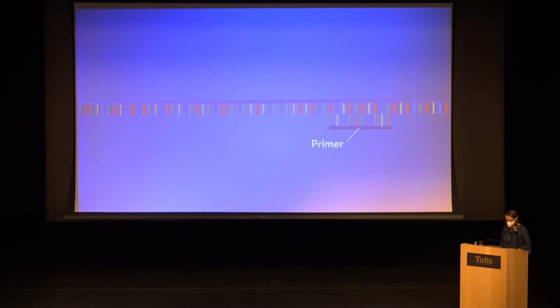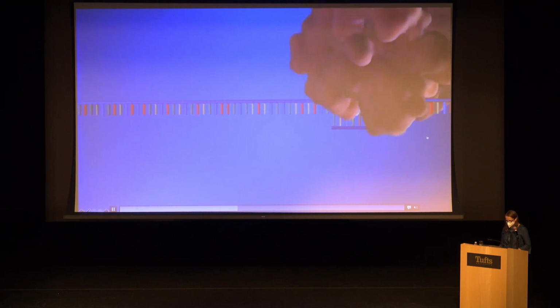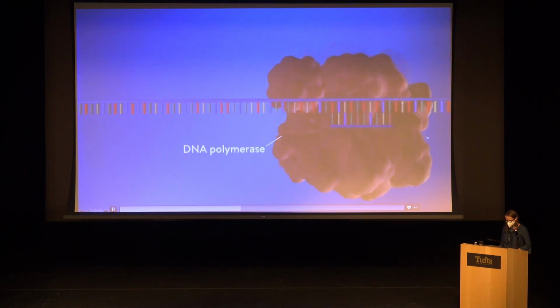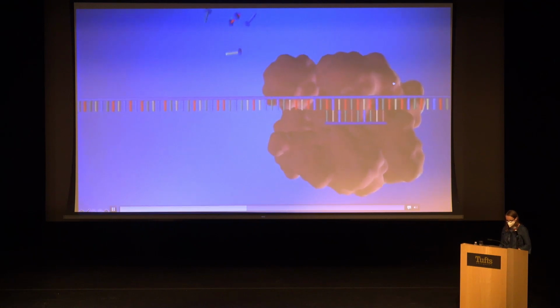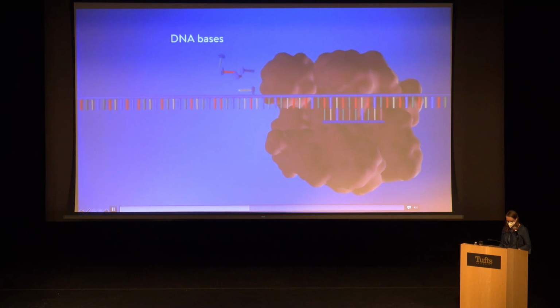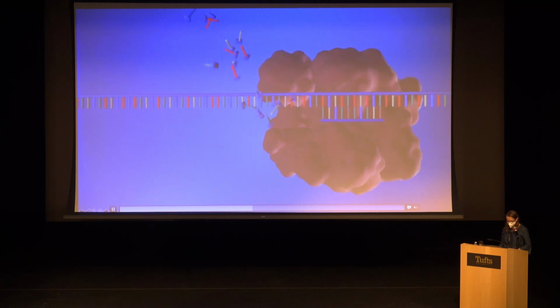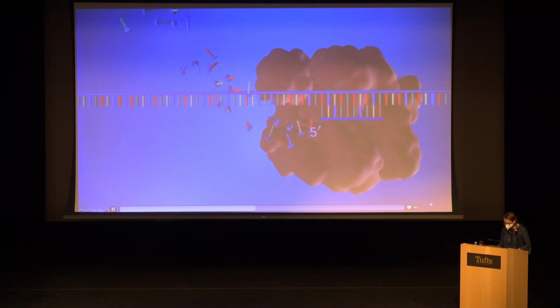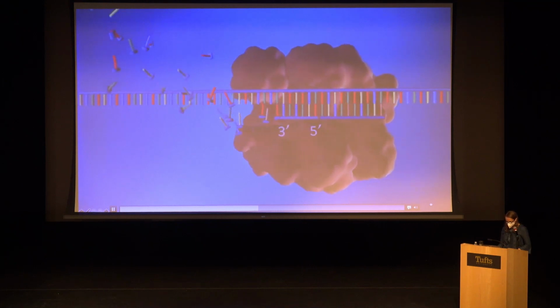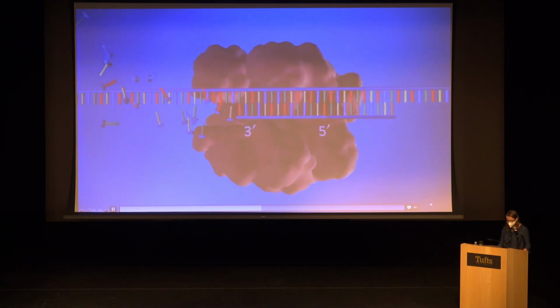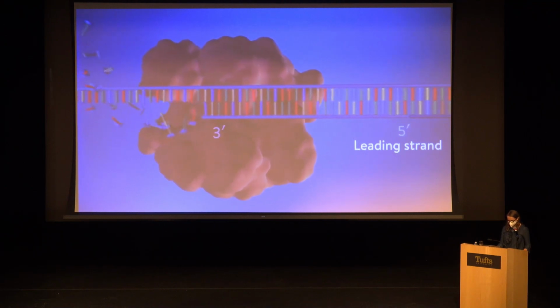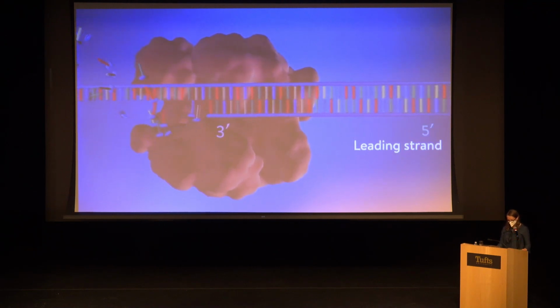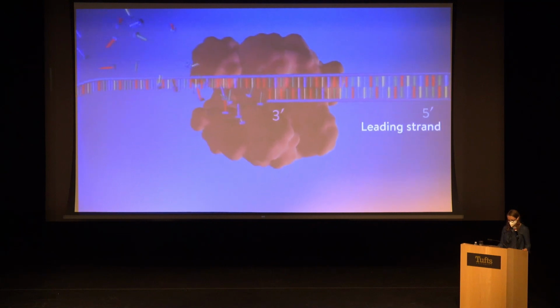This marks the starting point for the construction of the new strand of DNA. An enzyme called DNA polymerase binds to the primer and will make the new strand of DNA. DNA polymerase can only add DNA bases in one direction, from the 5' end to the 3' end. One of the new strands of DNA, the leading strand, is made continuously, the DNA polymerase adding bases one by one in the 5' to 3' direction.